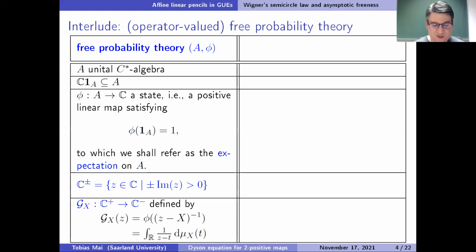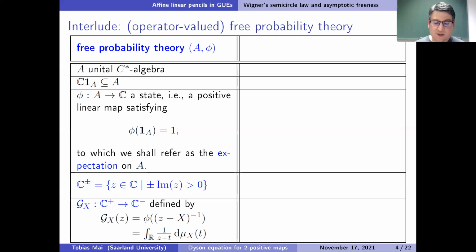This is sufficient for what follows. But what is important in the sequel is that we have a huge and powerful analytic machinery to deal with free independence and with non-commutative random variables. And this is like, in classical probability, the Fourier transform, the Cauchy transform in free probability theory.